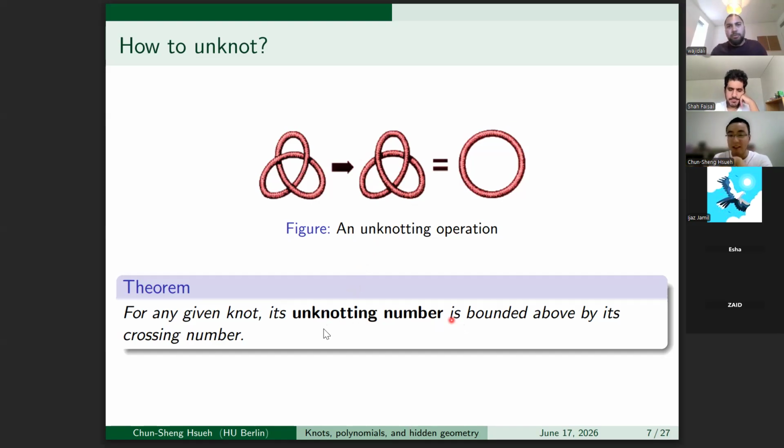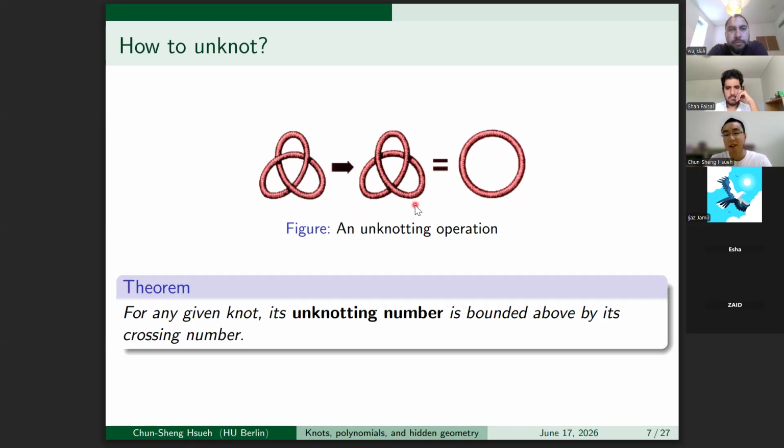In particular, I hope it's now clear that the unknotting number is bounded above by the crossing number. We already know, or I claimed, that the crossing number for the trefoil is 3, and the unknotting number for the trefoil is 1. You only needed to do one crossing change.